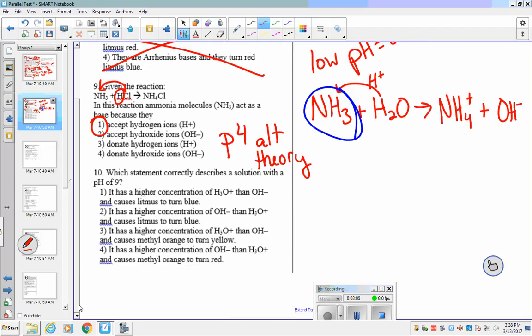Which statement correctly describes a solution with a pH of 9? A pH of 9, you need to know, is basic. So what this means is a basic solution should have a high concentration of OH minus ions, higher than that of H3O plus ions.